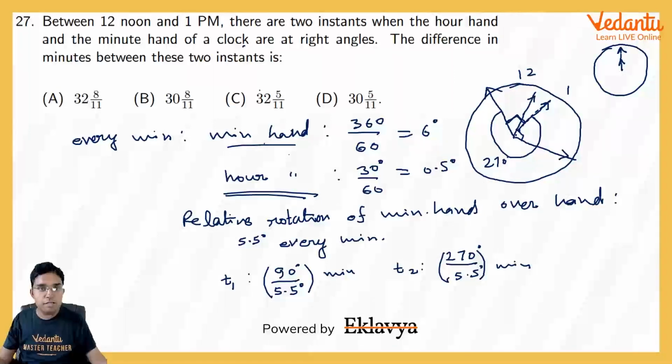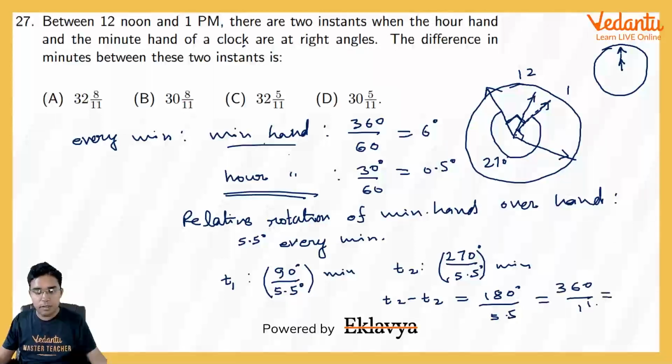So the difference of these two instants can be calculated directly. Take the difference, 180 degrees upon 5.5. We can write this as 360 upon 11. 11 3s are 33 and 11 2s are 22, so 32 and 8 by 11 minutes will be the answer for this question.